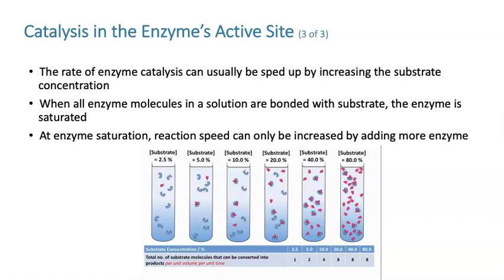When enzymes are saturated, the reaction speed can only be increased by adding more enzymes. So if your substrate is at 80%, that's more than half of the solution, so there's more substrate than enzyme. It's not like eventually those won't get converted by the enzymes. It's just saying you got your balance a little off, and we can't speed it up unless we have more enzymes.